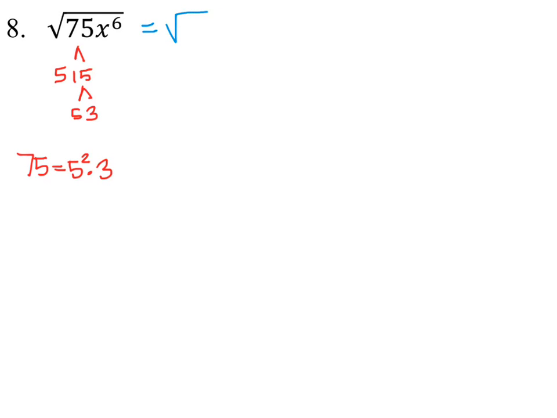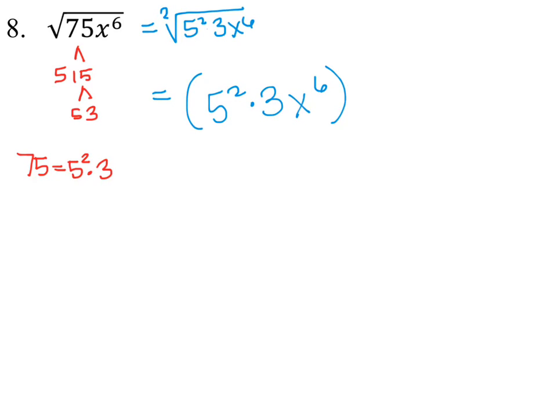So I'm going to go ahead and rewrite 75 as 5 squared times 3, then I still have that x to the 6. There's really a 2 on my exponent right there because square roots are undoing exponents of 2. So I'm going to write this as 5 squared times 3 x to the 6 with an exponent of 1/2.